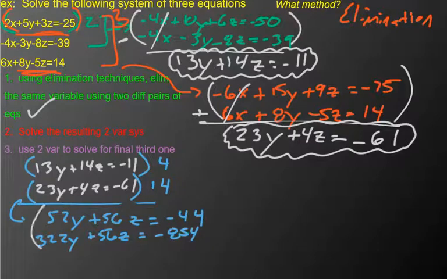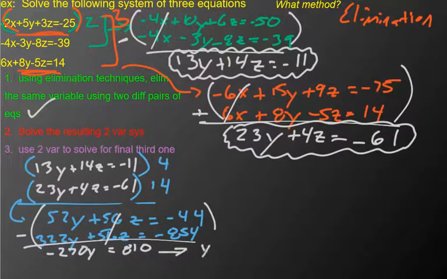So when we subtract these, we would get negative 270y equals 810, and that would mean that y equals negative 3. That's a nice number, which is good. Not necessarily needs to be a nice number, but I made this problem nice.